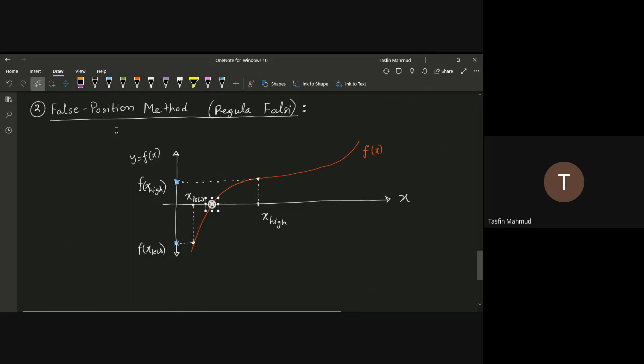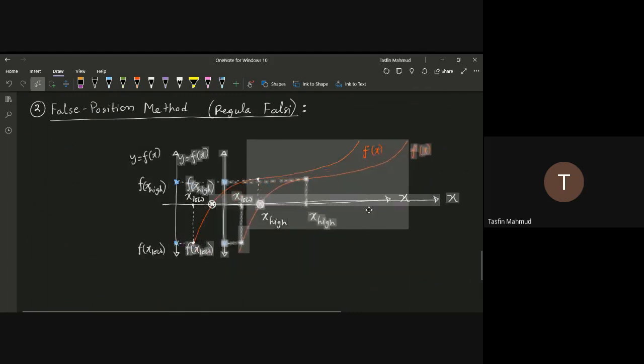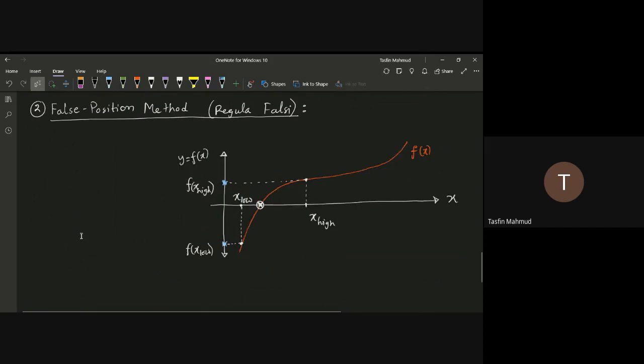The false position method uses the technique of determining a straight line between these 2 points. So we will consider a straight line through these 2 points. This is one point and this is another.